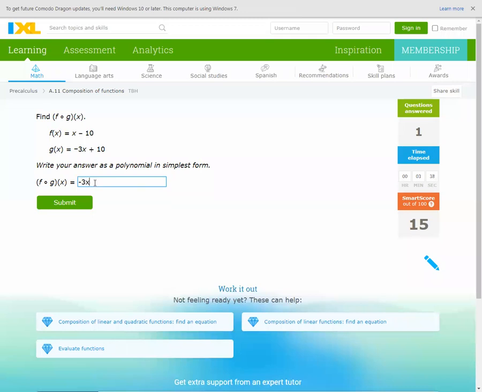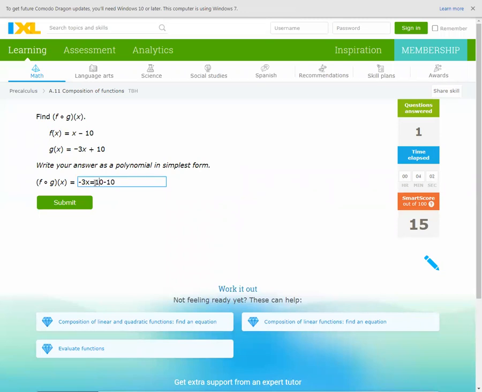Let's write it first. Sorry, the main function is x minus 10, right? X minus 10. And now, instead of x, I should write the function g. What about the function g? It's negative 3x plus 10, plus 10.